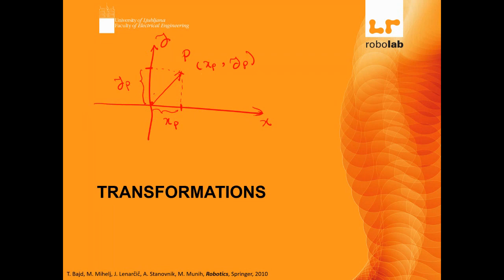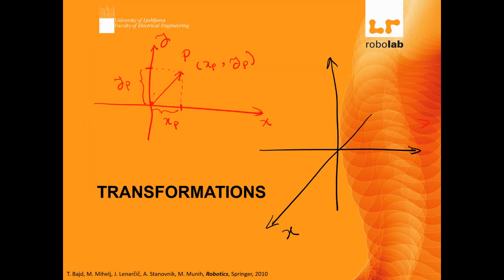If I have a three-dimensional coordination system like x, y, and z, a point can be projected to x, y, and z.